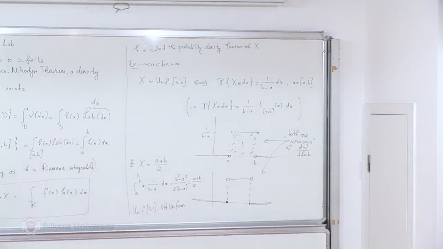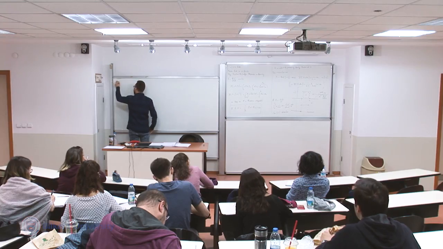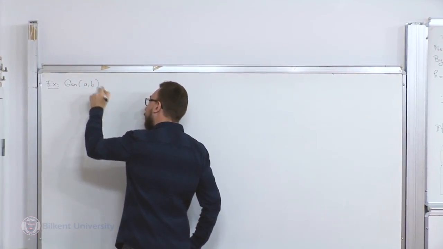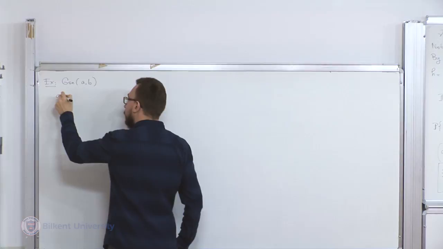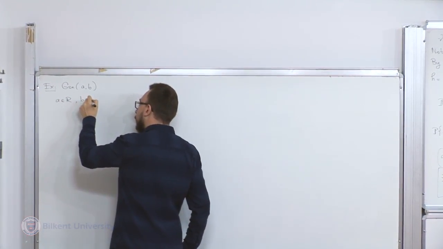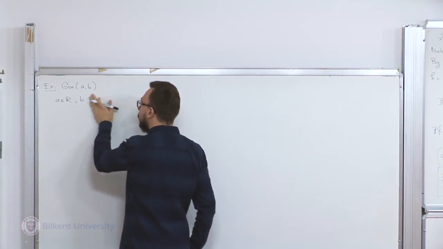Okay. So another very important example is the Gaussian. Gaussian a and b, where a is in R and b is a positive real number.